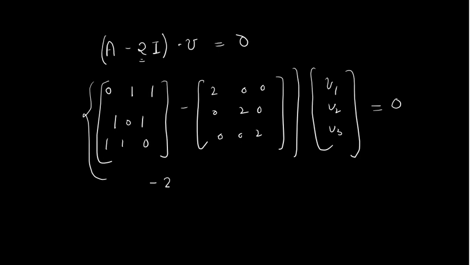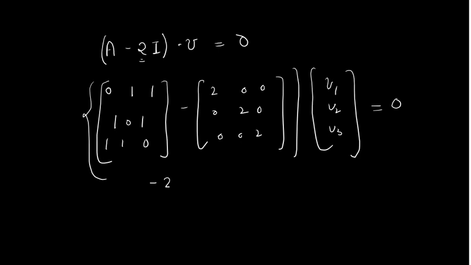So v1 is equal to v2 is equal to v3. You can choose any v whose three components are equal.